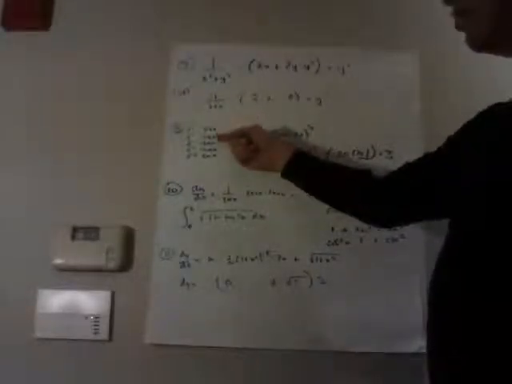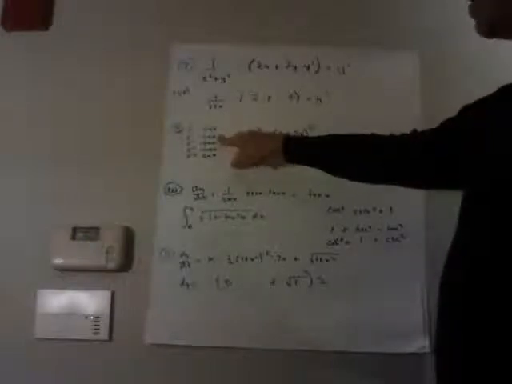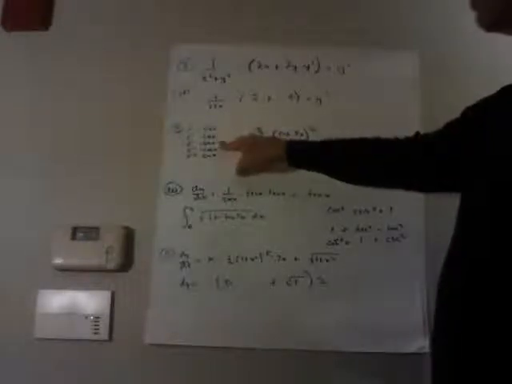Number 8, sine x. Cosine x, negative sine x, negative cosine x, sine x. So at the fourth one, if you had cosine x, you'd have negative sine, negative cosine, sine, cosine. Number 9, cosine of 3x squared. Now today, Dennis, I know you brought that up, but doing derivatives, don't use any identities.